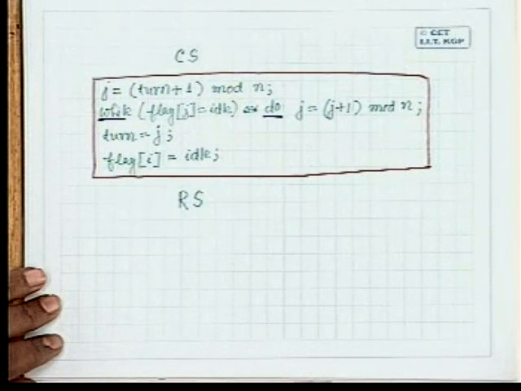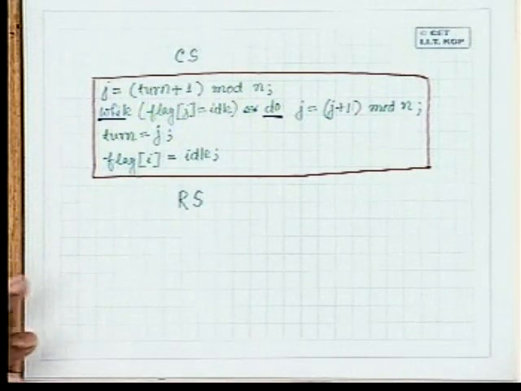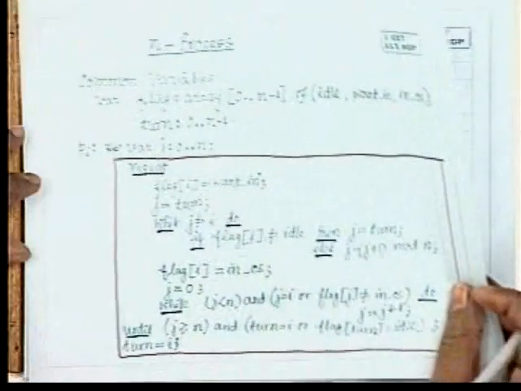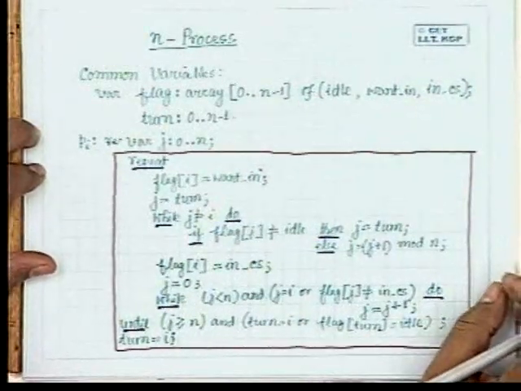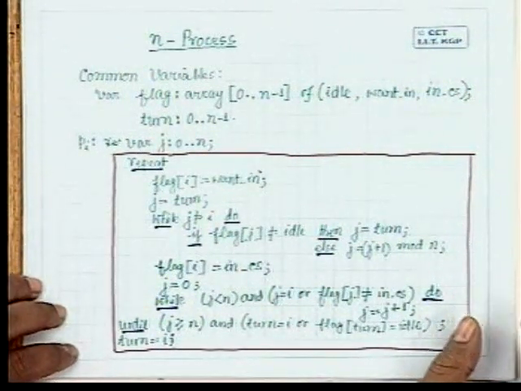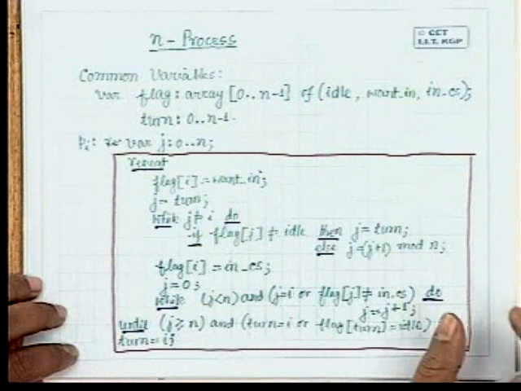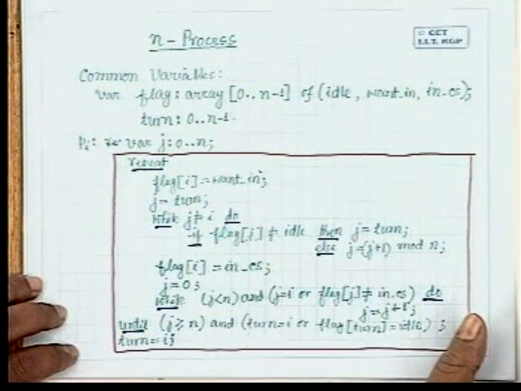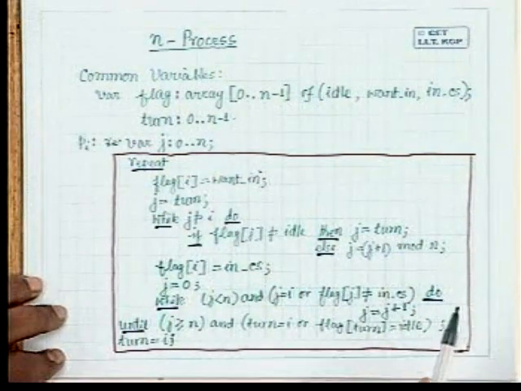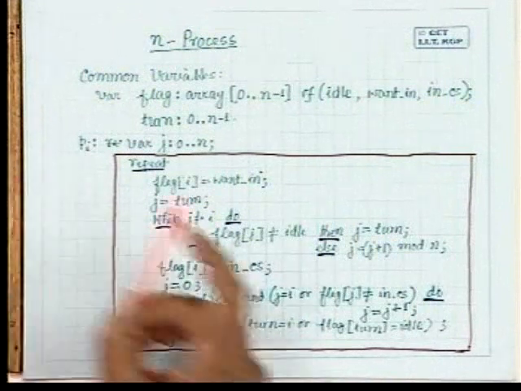When you try to analyze this particular solution, what I'll suggest is, instead of trying to find out how the statements are written, you try to find out whether it meets the requirements or not. That means whether all the three requirements, mutual exclusion, progress and boundedness, are met by this entry section and the corresponding exit section.